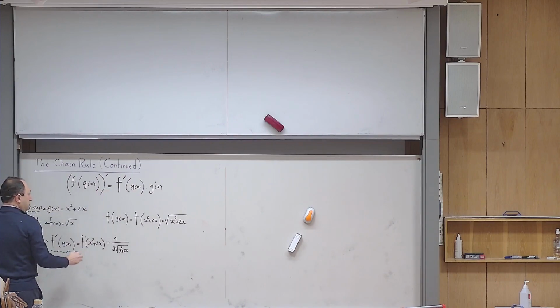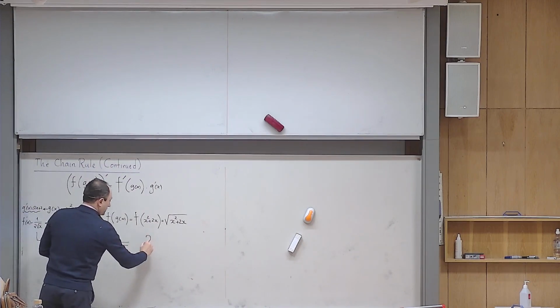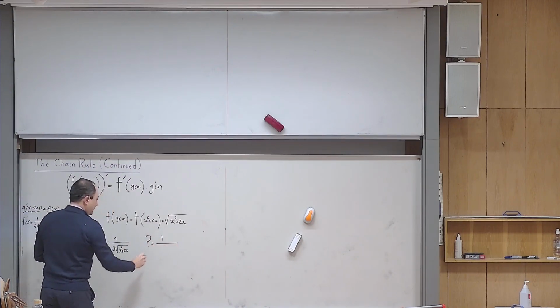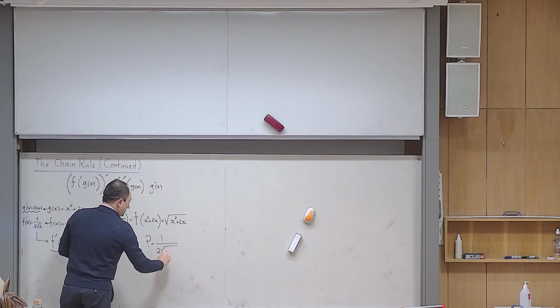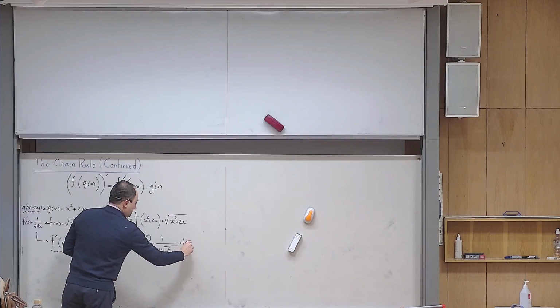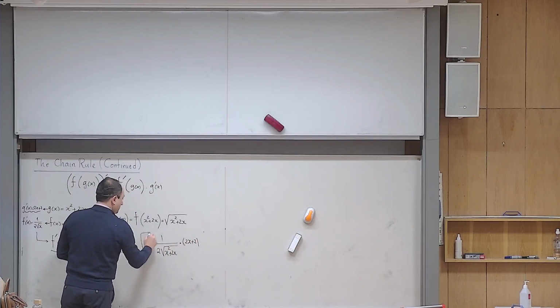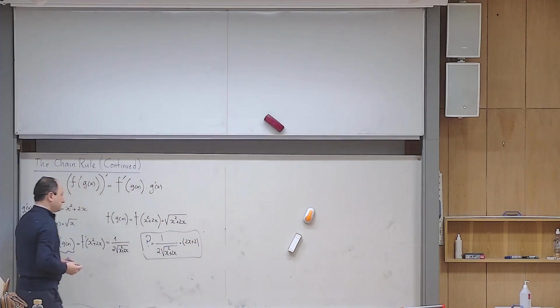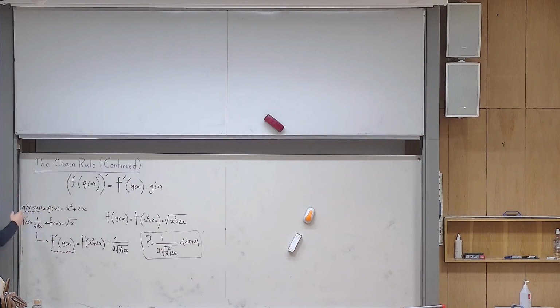According to the chain rule, in order to find the derivative of this function, I just multiply these two. So the result is 1 over 2 square root of x squared plus 2x multiplied by 2x plus 2. So this is the derivative of this function. But I told you that this is the way that you need to understand it, but you really don't need to go so long to answer this question.